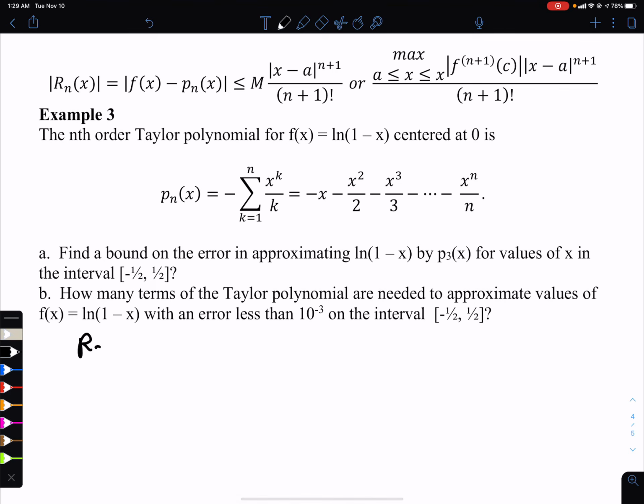So the error for a third degree Taylor polynomial, for any number between -1/2 and 1/2, using the Lagrange error bound, is less than or equal to the maximum value of the fourth derivative at some point C. Now, here is where we get a little sketchy. The center's at A, right? So here's where your brain needs to think. The center's at 0.